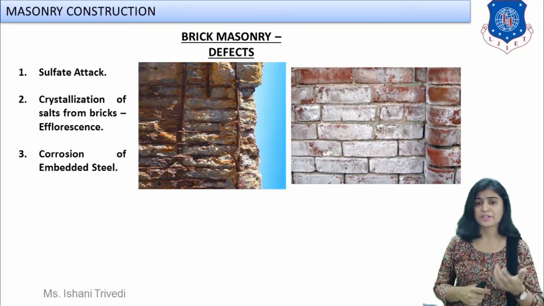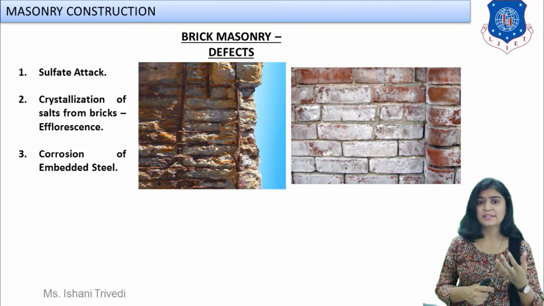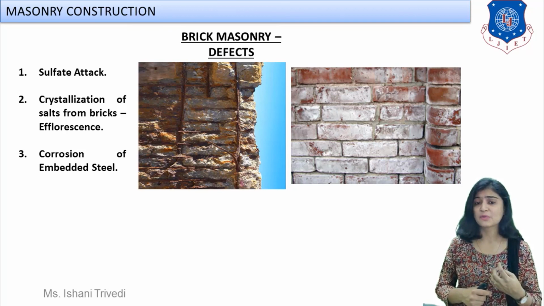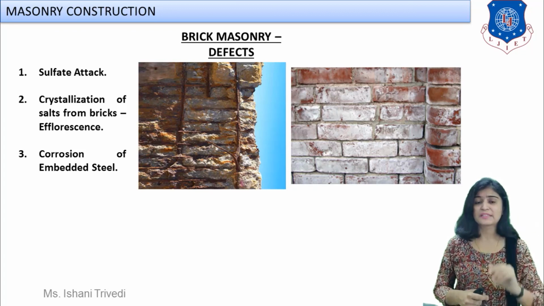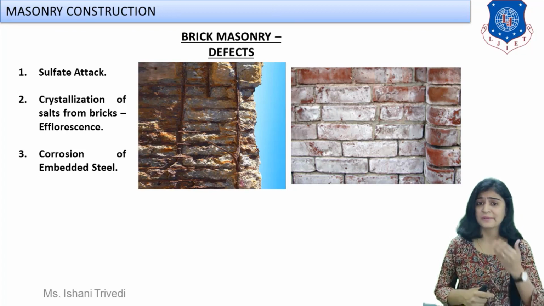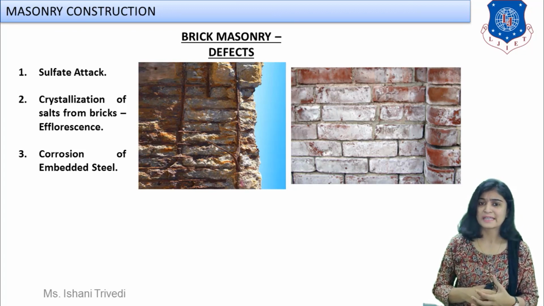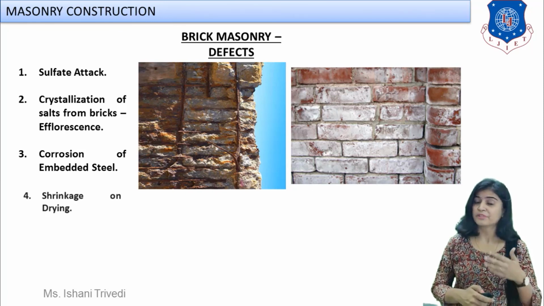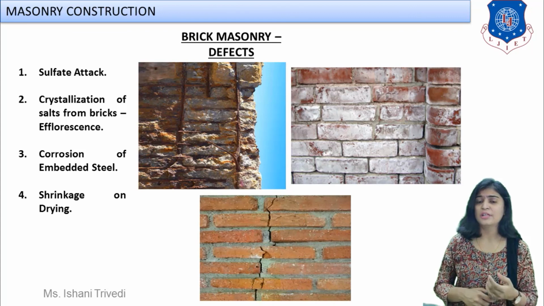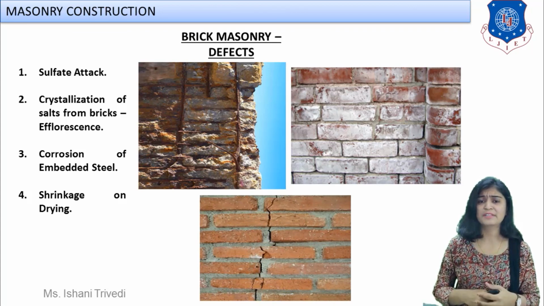If corrosion takes place, definitely it is going to break the surrounding particles; the brick particles will get broken. The same you can see in the image over here, how it appears if corrosion has taken place. So that is your corrosion of embedded steel, which will have to be replaced later on when you carry out the repairing work. The last we have is shrinkage on drying, right?